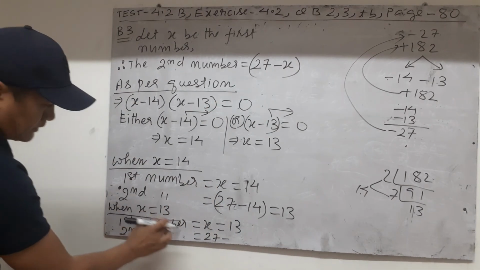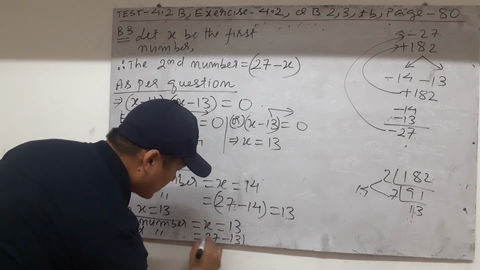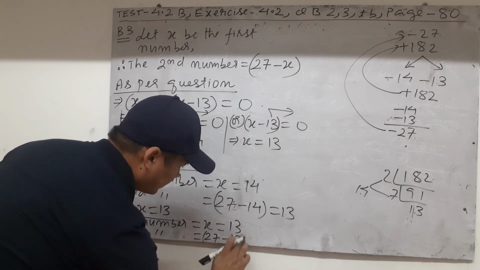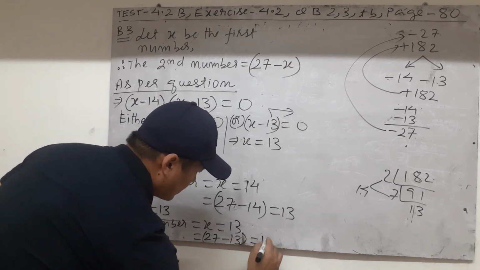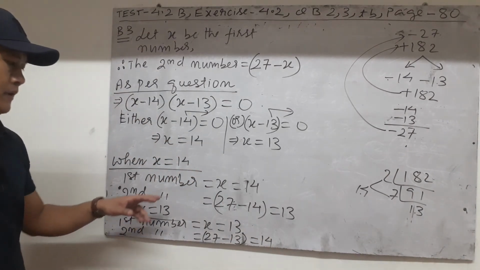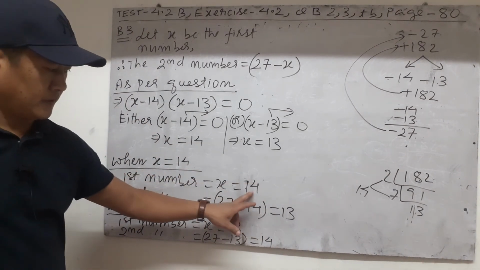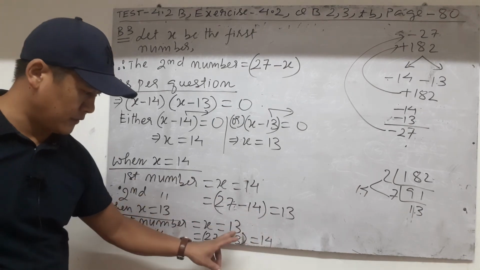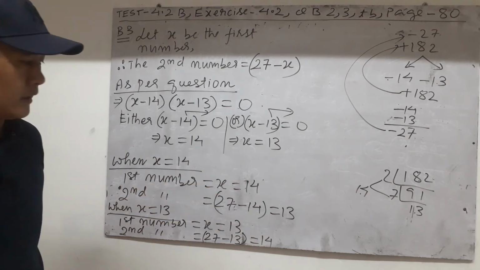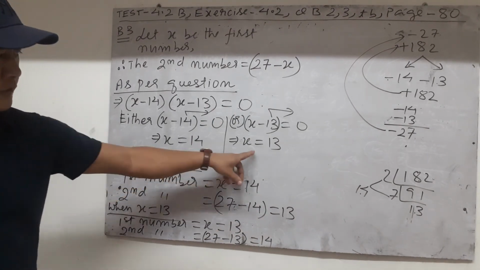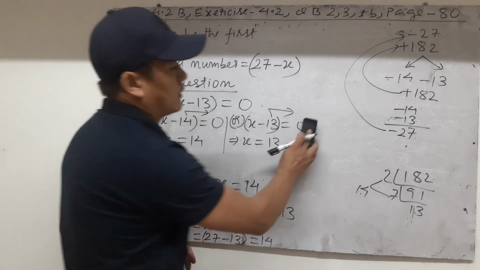This time your x is 13, so 27 minus 13 means your answer is equal to 14. So first number 14, second number 13, or first number 13, second number 14, both are correct. But we have to show because there are two values of x coming out, both correct.